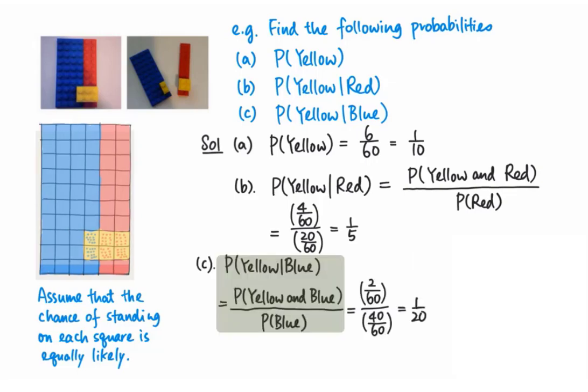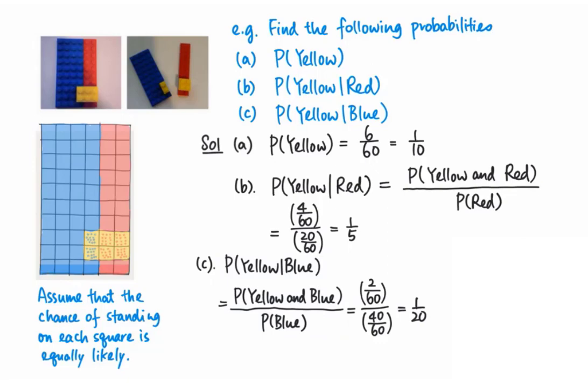Part C, the conditional probability of yellow given blue, according to this formula, is equal to the probability of yellow intersects with blue, that is, the probability that the square contains both yellow and blue colors on it, divided by the probability of blue.